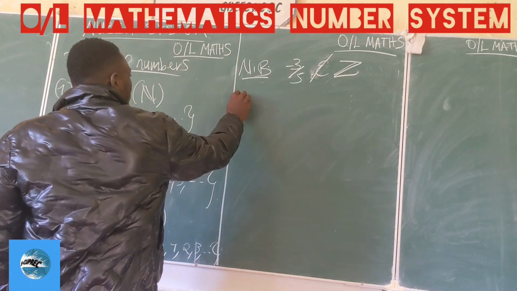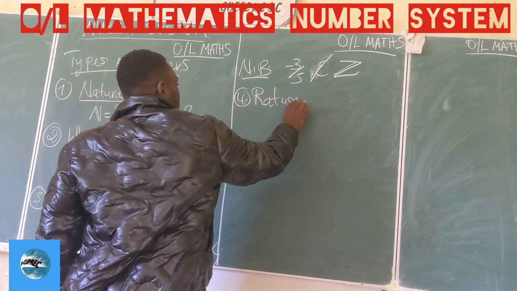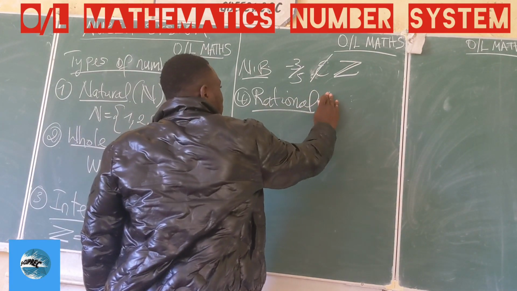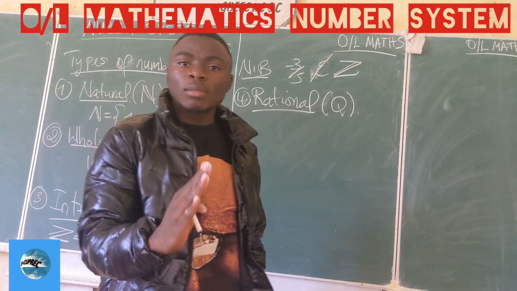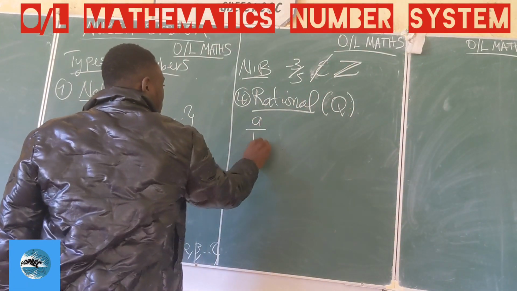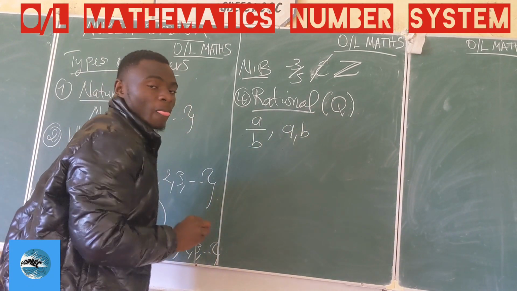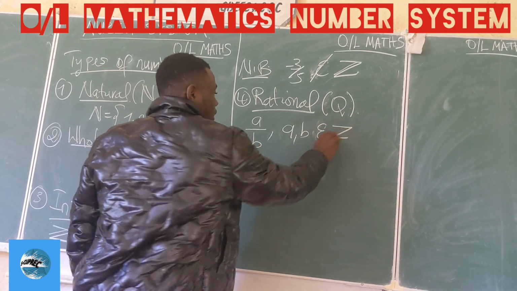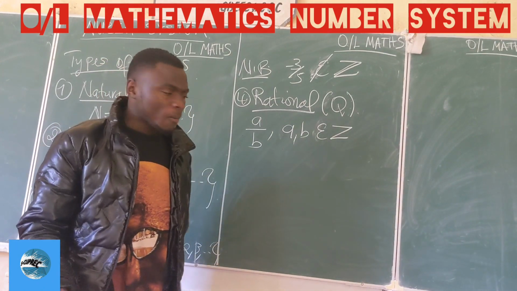Very good. So the fourth type of number we're going to look at is a rational number. Rational. Now let's denote it by Q. Rational numbers are simply numbers which are written in the form A on B, where A and B are the elements of Z. That means A and B could be any integer, -3, 1, 4, and so on.